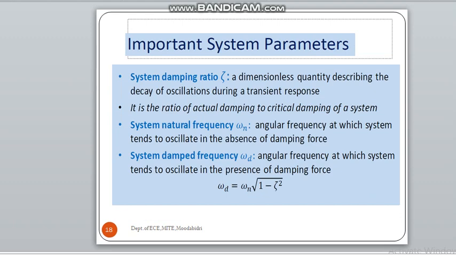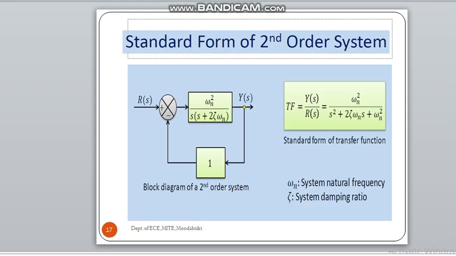Before going to this, I will tell you how to identify a second order system. In the previous concept, I told that in the standard equation, the denominator term a into s to the power n, that n value gives the order of the system.